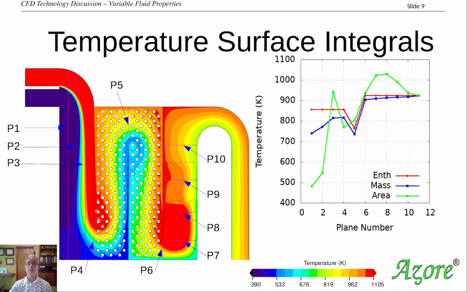Say, for instance, you might say this value right here doesn't really represent the energy conservative value from an area weighted standpoint, but perhaps you would like to compare your simulation predictions to, say, someone who had a rake of thermocouples along plane 1 and gave you an average temperature based on those thermocouple readings that is an area weighted average temperature.